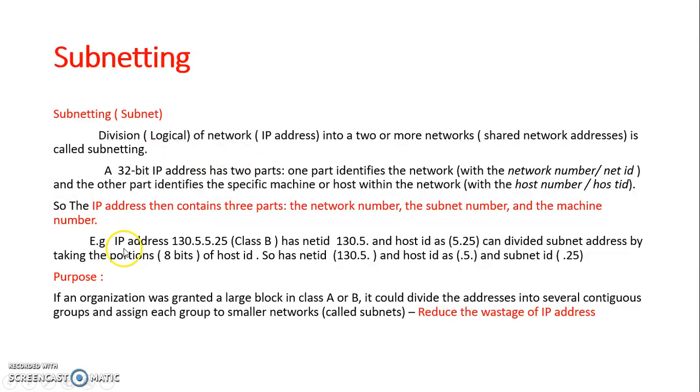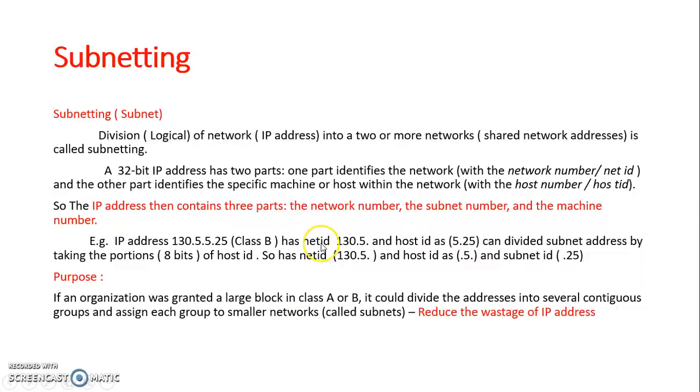In this example, the IP address belongs to class B. The first 2 bytes represent the net ID and the last 2 bytes represent the host ID. We are dividing this into a subnet by taking a portion of 8 bits of the host ID.